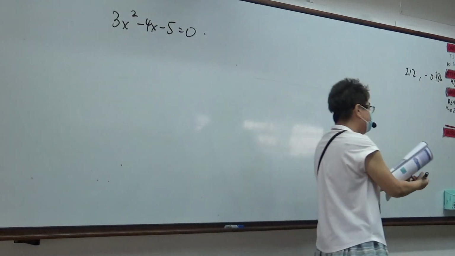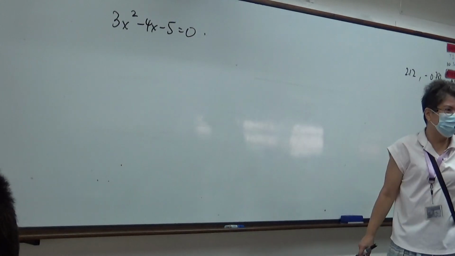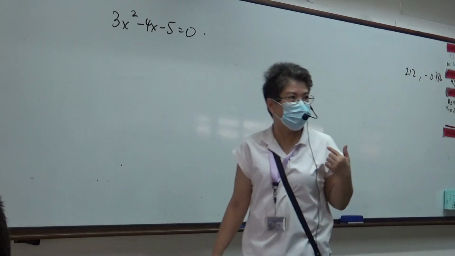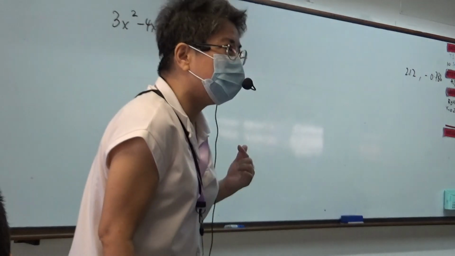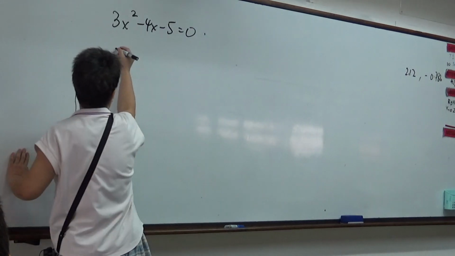This is done perfectly well using the formula, right? Now, what if they tell you you must use completing the square? I must make sure of what first? Coefficient of x squared is what? 1. So I divide throughout by what? 3. So I'll have this.